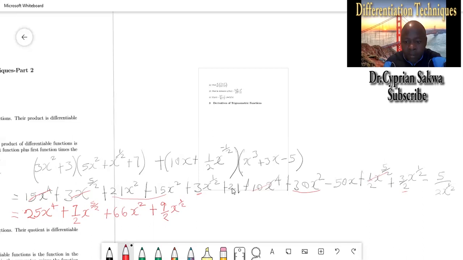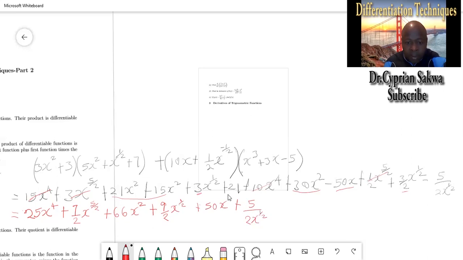Just remember that we have this 21, but I want to put those that have x first of all, then I put a constant later. So the other one that has x, I have this negative 50x. I've already used this, so I need to include this negative 5 over 2 x raised to a half.